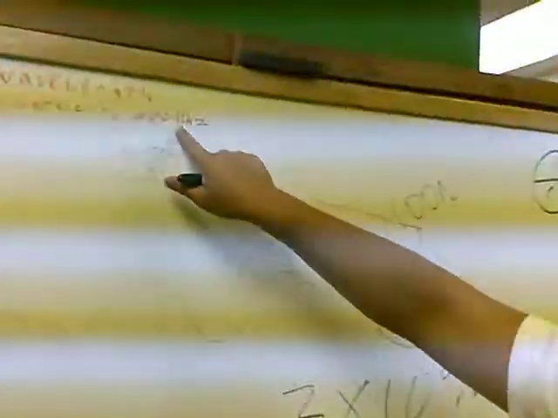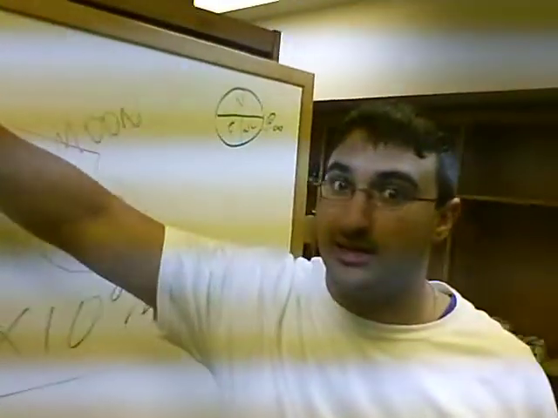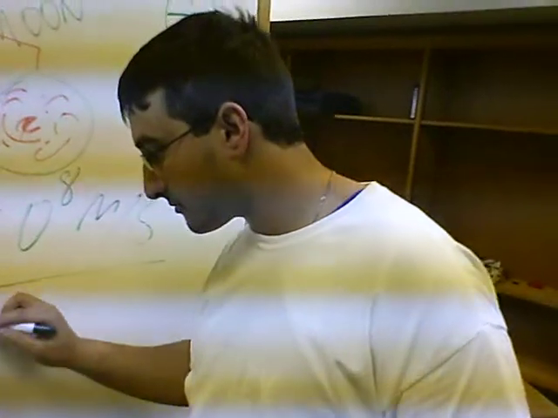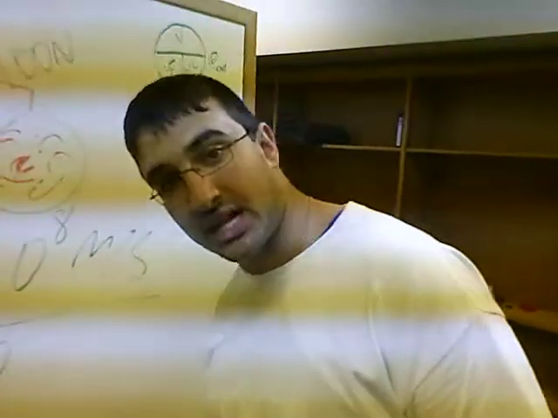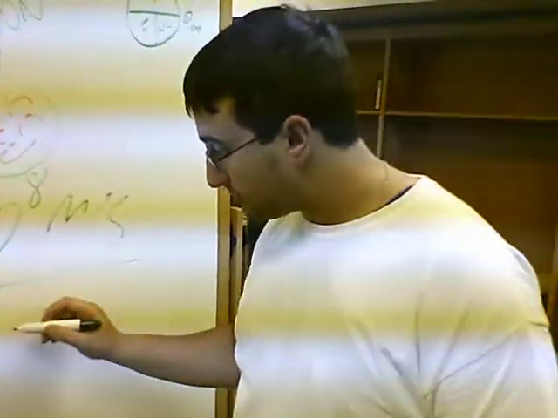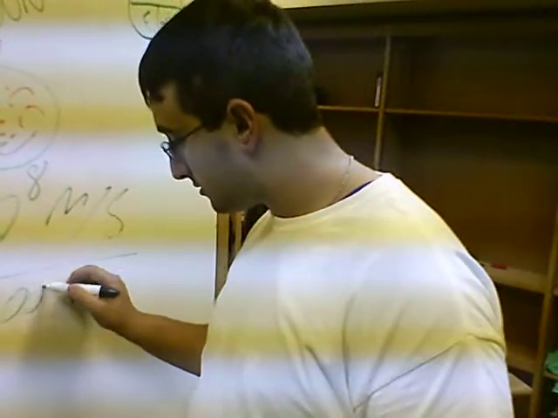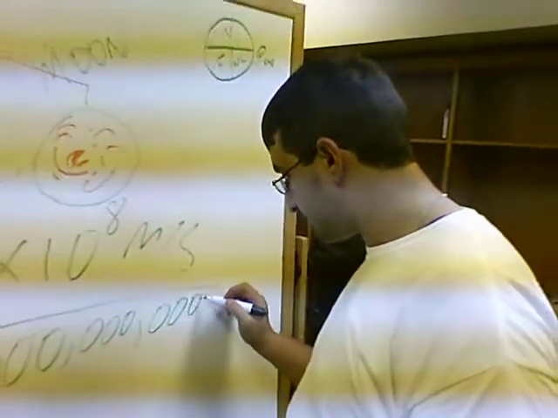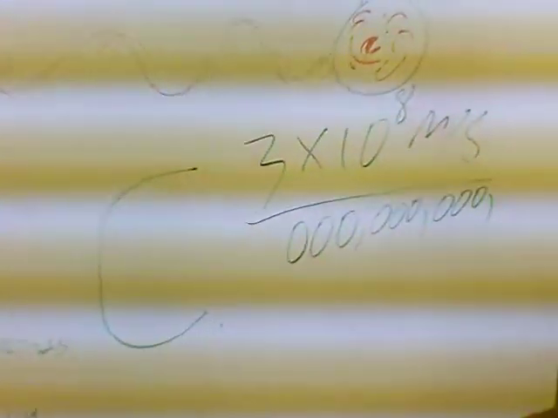The M in megahertz is mega for a reason. It is 1000 with 6 more zeros. That's a billion, Paul. That is a billion.